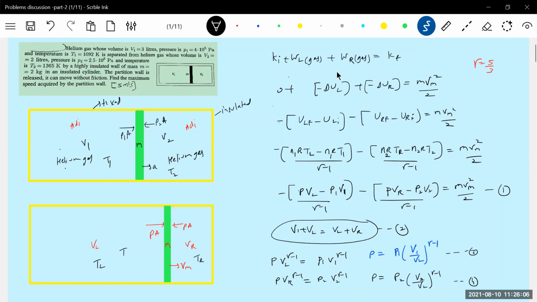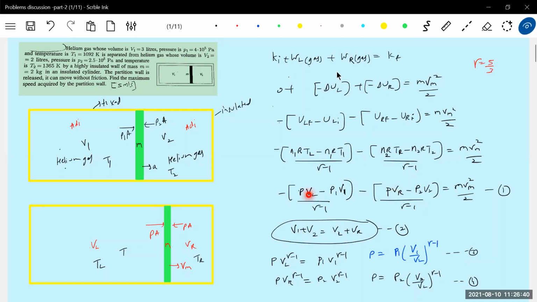What I suggest is to replace for VL. Then V1 plus V2 should be VL plus VR. From here I know P1 V1, so I'll replace VL, then replace VR, and I'll get an expression for P in terms of V1 and V2. I'll substitute that here. So what about VL plus VR?